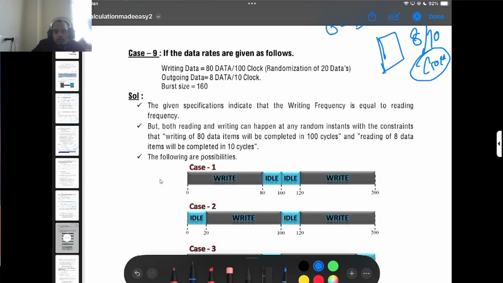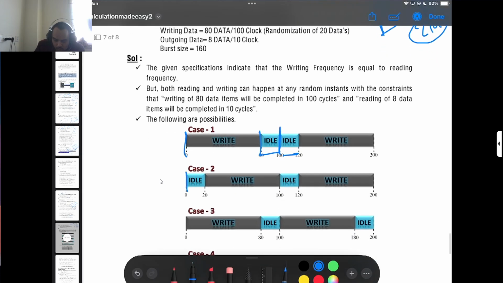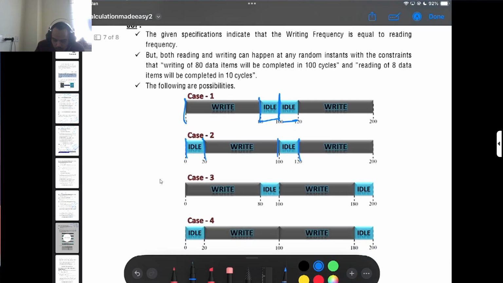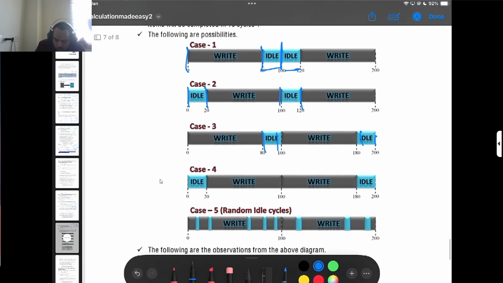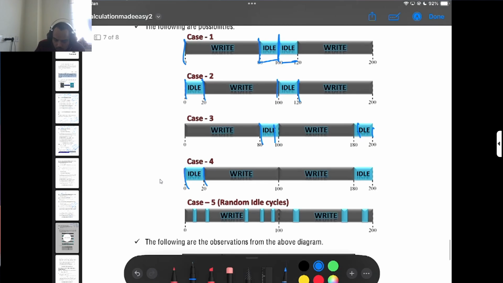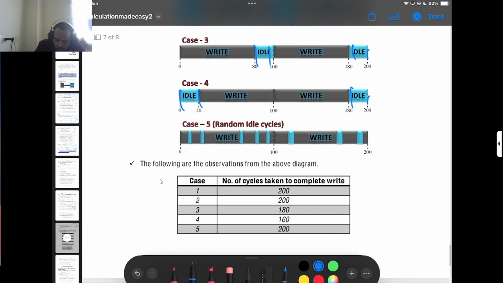Suppose this part in case 1 is writing and this is idle, 80 and 20, something like that, and case 2 this can also be one case. Okay, and case 3, write like this, case 4 here and here, case 5 something like that. This will be random.